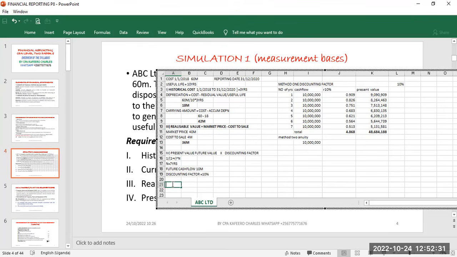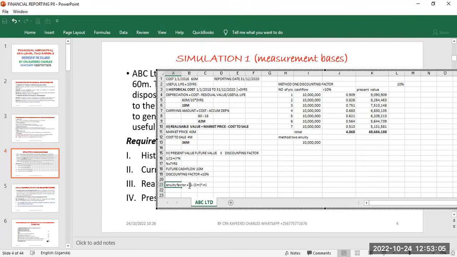Annuity factor is equal to 1 minus, open the bracket, 1 plus R, close the bracket, to the power of negative n, with the whole of this in a bracket.